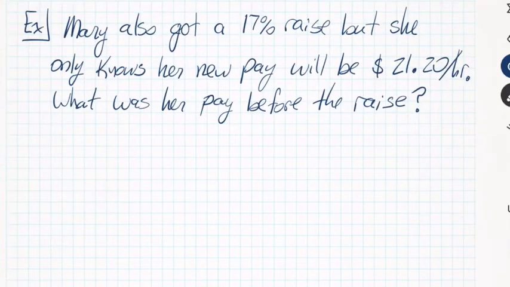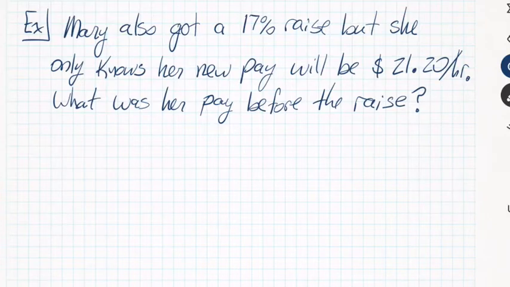All right, Mary also got a 17% raise, but for some reason she only knows that her new pay will be $21.20 an hour. What was her pay before the raise? Now, this is the question that you cannot do the old 8th grade style. There is no way of backing out 2120 by 17% to come up with the old pay.